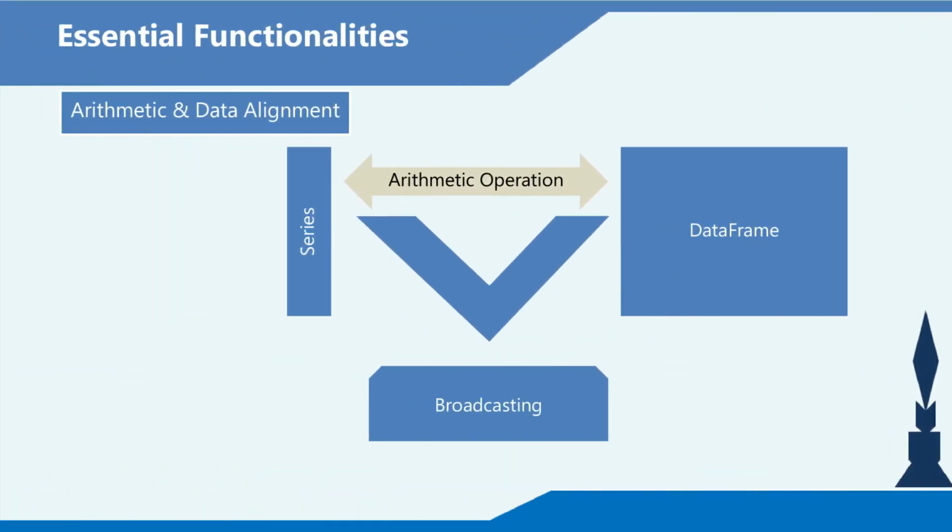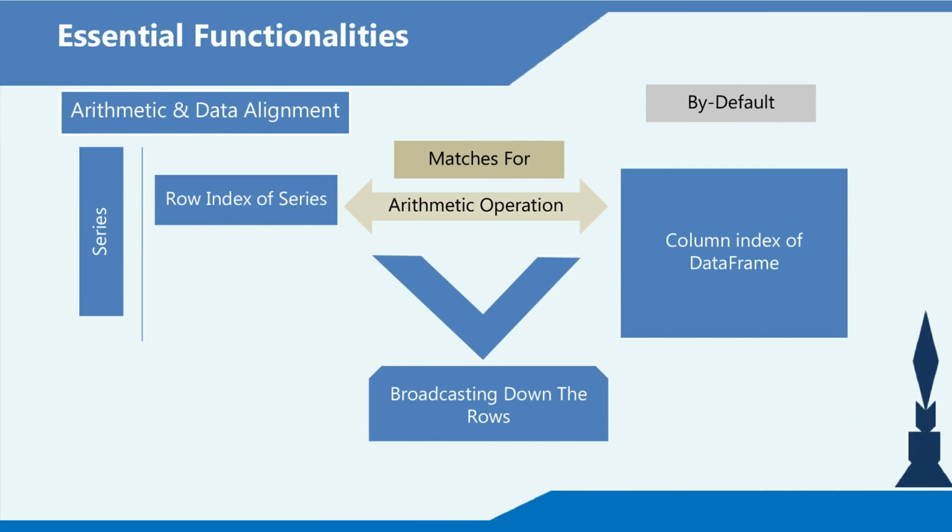The arithmetic operation between the series and data frame objects is known as broadcasting. By default, the arithmetic between data frame and series matches the index of the series on the data frame columns, broadcasting down the rows.